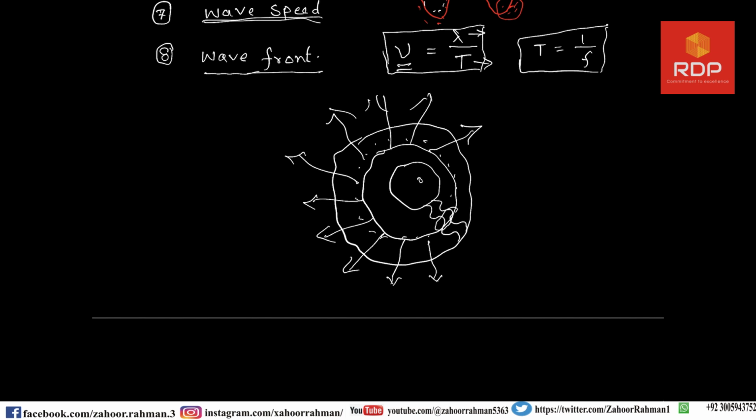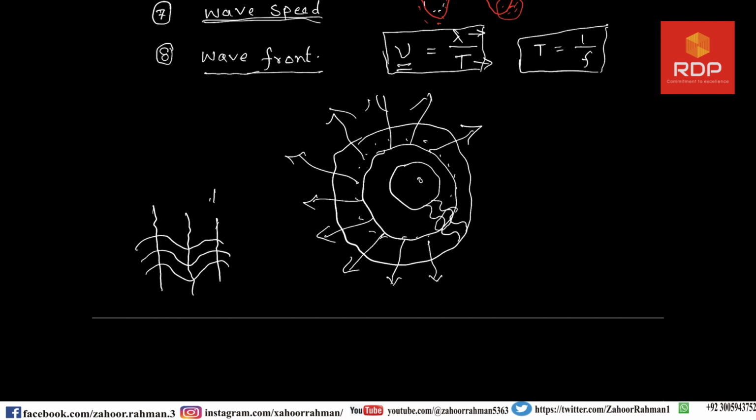So you can see and observe that in the same position I am making these lines. So this is an imaginary line which is connecting all the crests, all the troughs, and this is an imaginary line that is connecting all the crests, and this is also the crest.